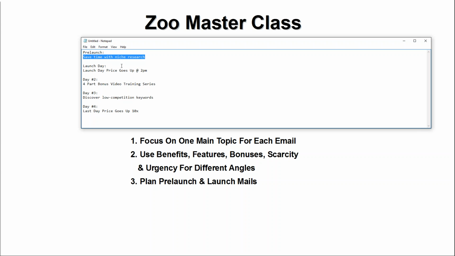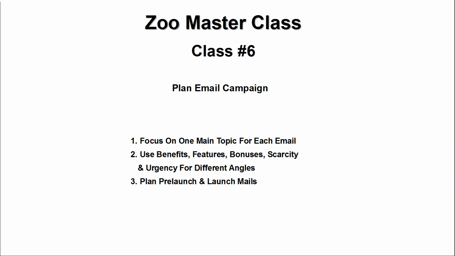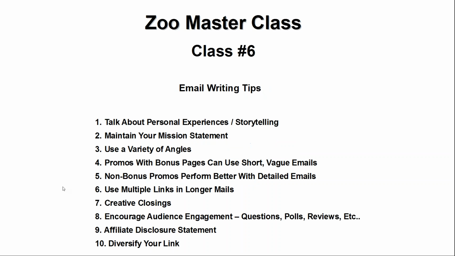And that's the focus of that entire email. So each email is different. Each email has a different focus, a different angle that you are trying to sell that product with. This again is how you can do multiple emails for a single offer and not really bore people with your emails. Give people a reason to actually want to read them all.